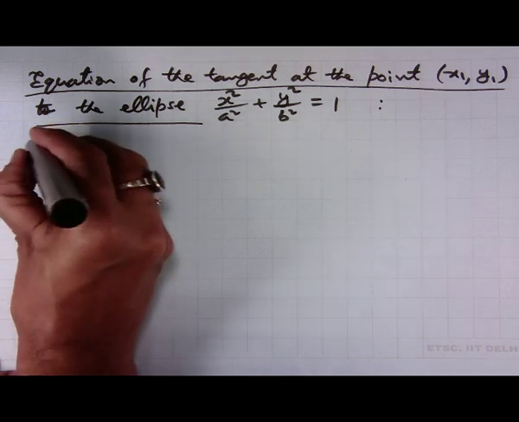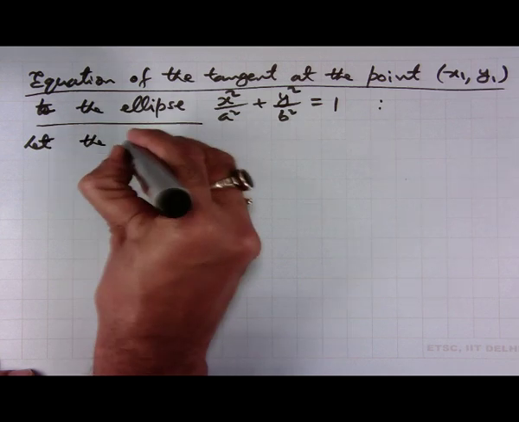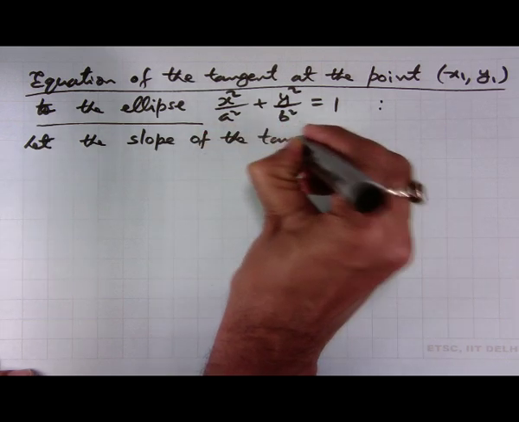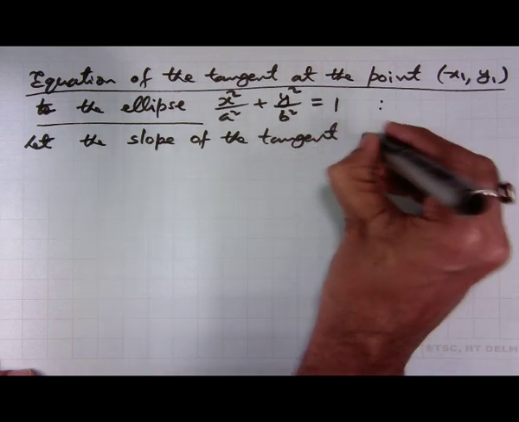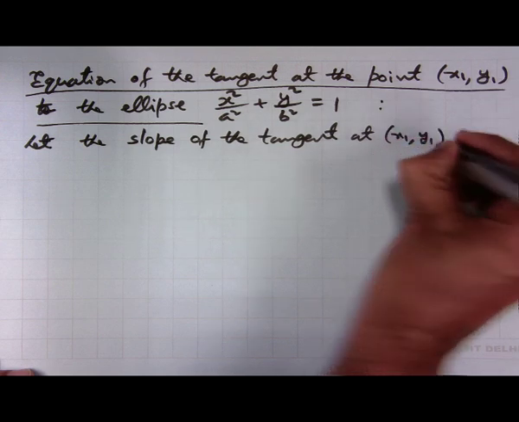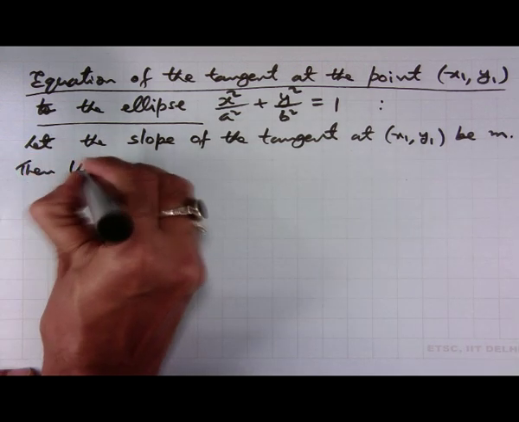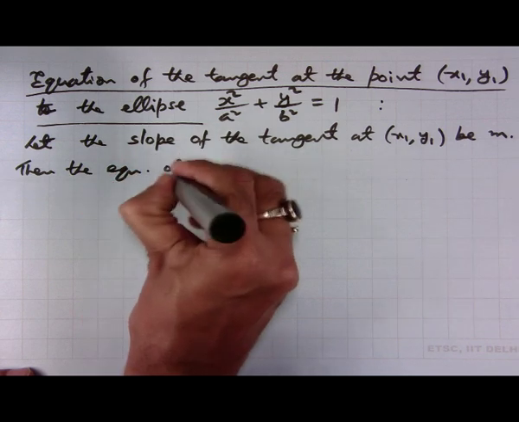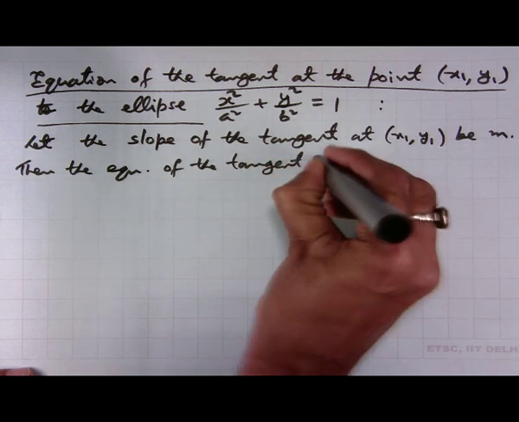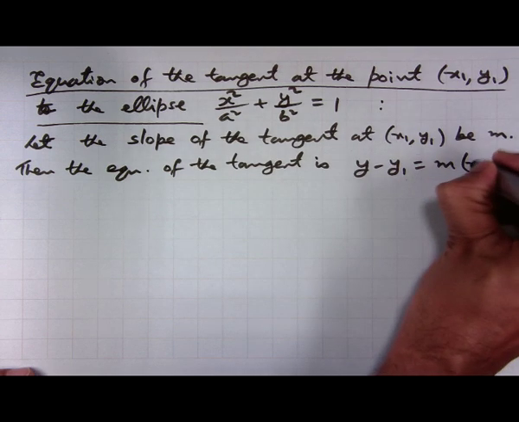So, let the slope of the tangent at (x1, y1) be m, then the equation of the line is y minus y1 equal to m times (x minus x1).